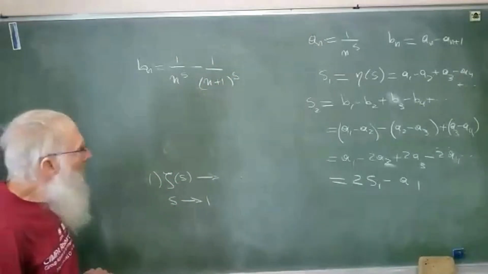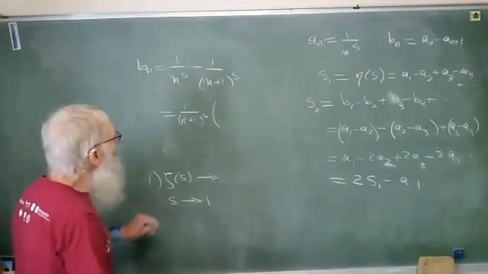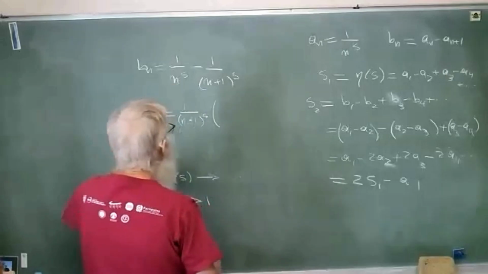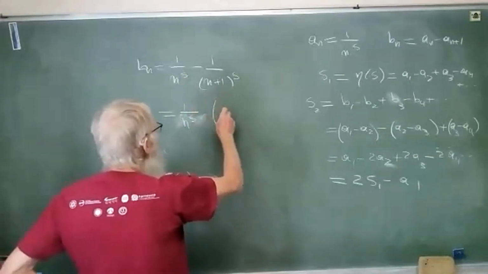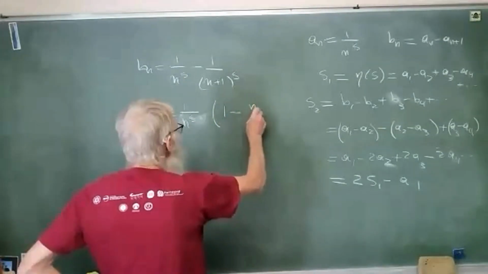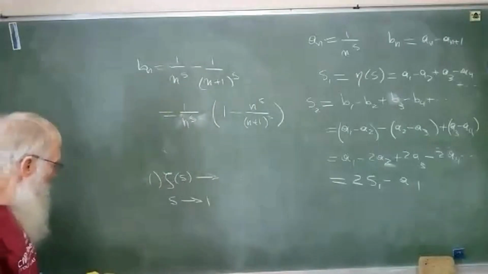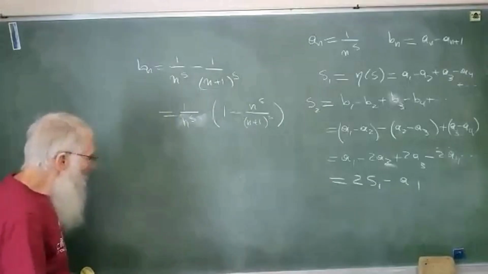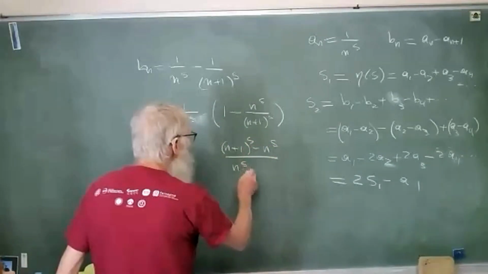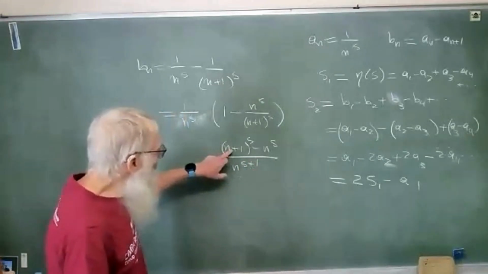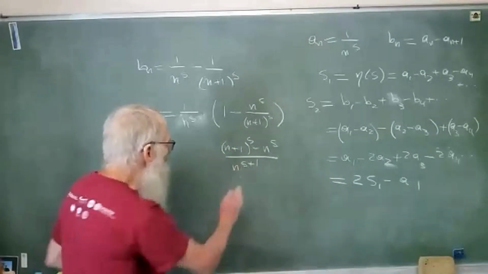You can write it as 1 over n plus 1 to the s times (1 minus n plus 1 to the s over n to the s)... you see that the main terms cancel, and the next term is of order n to the s minus 1.